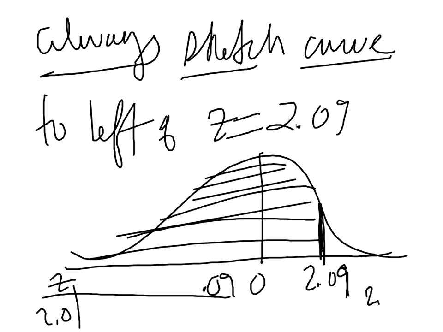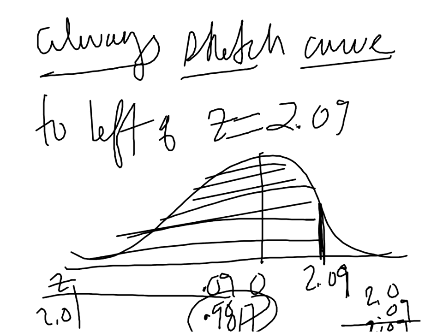By the way, if you take 2.0 and 0.09, it's kind of like our stem and leaf that we saw earlier. Of course, you get 2.09, and the value associated with 2.09 is 0.9817. So this is the type of homework you'll be doing, and it's going to be very hard to move on in the class because we're going to need to know how to look up values from our table.